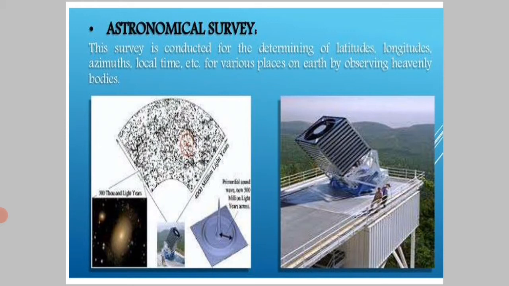Then third is the astronomical survey. So what is astronomical survey? Mostly it offers the surveyor a means of determining the absolute location of any point or absolute direction of any line on the surface of the earth, and it consists of observations of heavenly bodies such as the sun or any fixed star.